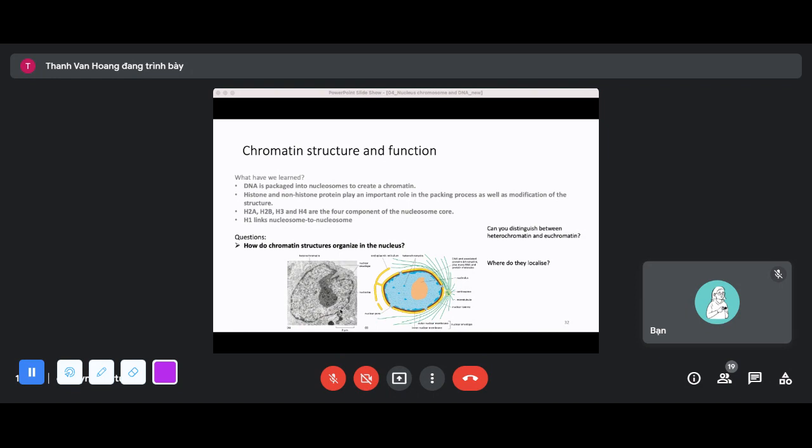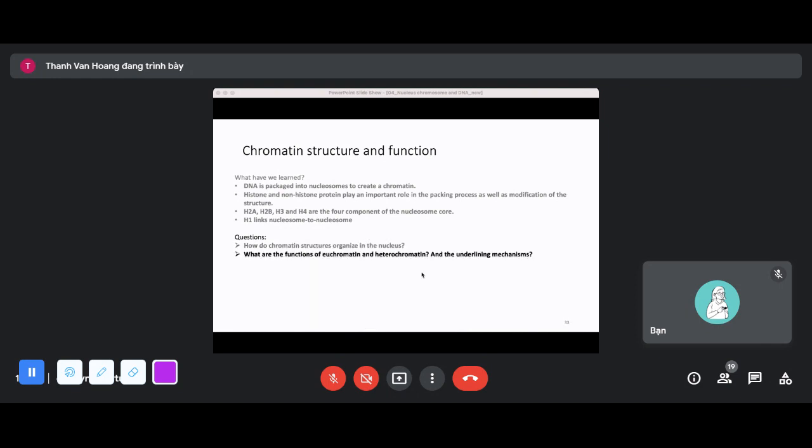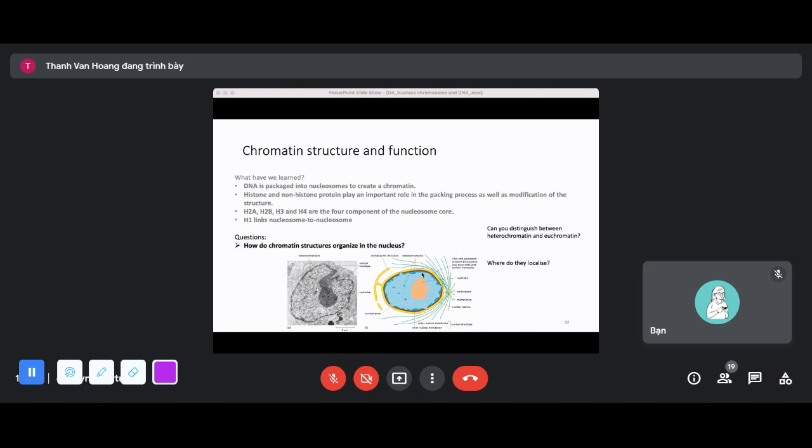So people noticed that chromatin is localized in the nucleus in different compartments: heterochromatin and euchromatin. Heterochromatin contains mostly non-coding regions, and most of the genes are silenced there.